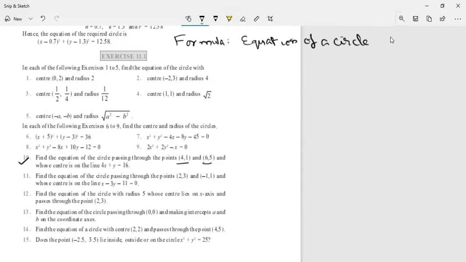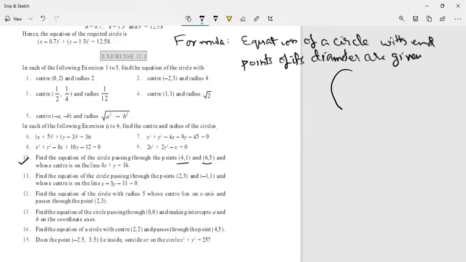Equation of a circle with end points of its diameter are given.